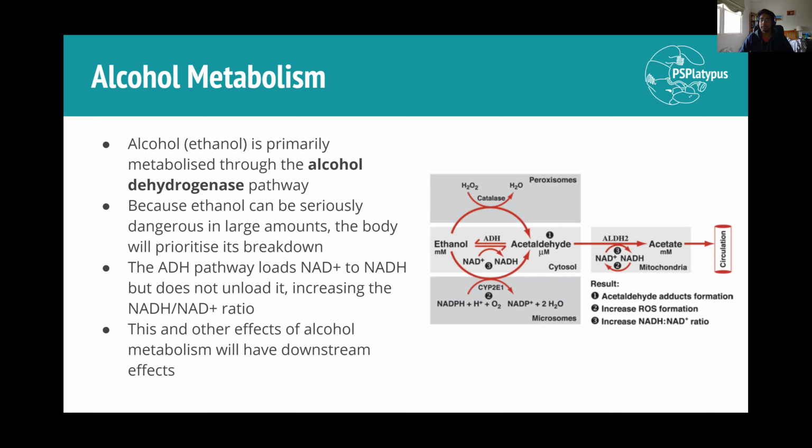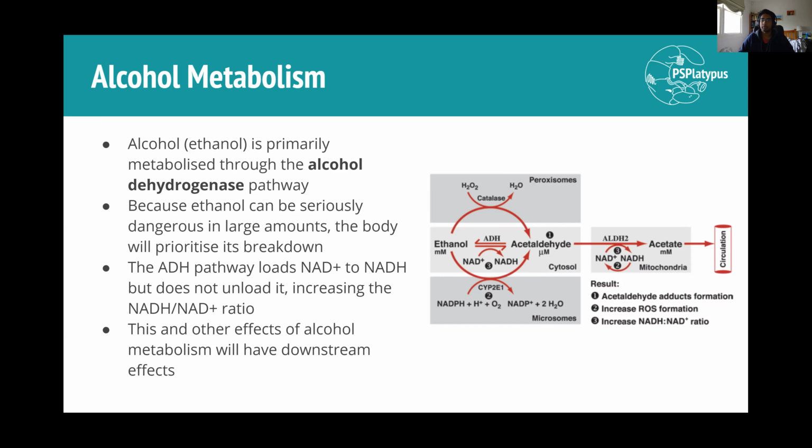So ethanol will be converted to acetaldehyde. Acetaldehyde is actually quite toxic, so we want to then turn that into acetate. And acetate can go into the circulation, be used in other metabolic processes. But the main point is, for 90% of the time in a normal person, we go through that middle pathway: ethanol, acetaldehyde, acetate, using alcohol dehydrogenase.